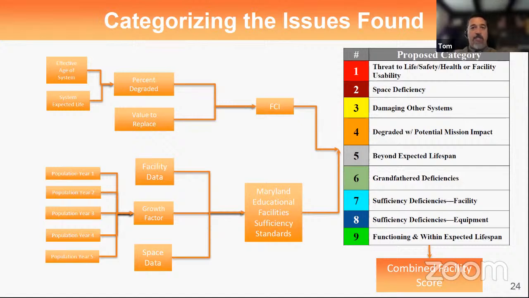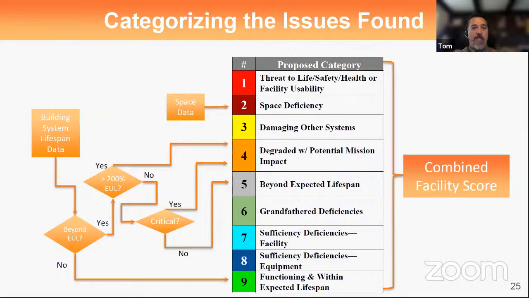On the sufficiency side, the enrollments for the last 5 years generate a growth factor, and then when combined with the sufficiency standards, do generate those items that can be bracketed into the various buckets. The next slide is probably the third level of detail here. And it shows how the building system lifespan data is evaluated and categorized.